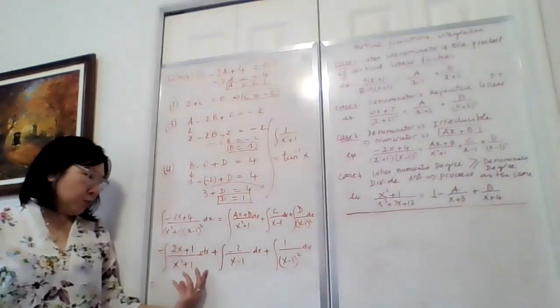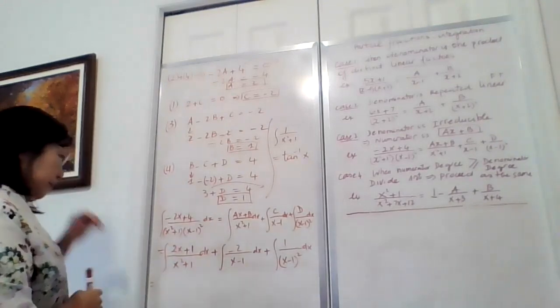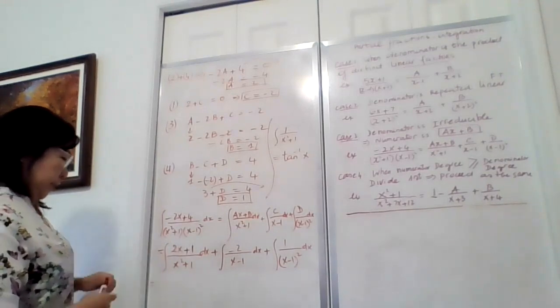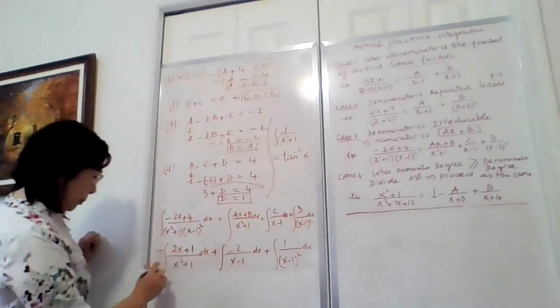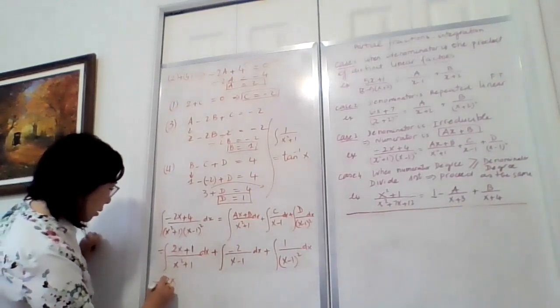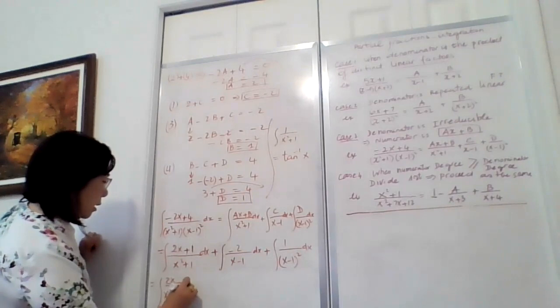Let's see what we can do about this expression. I think for the first fraction, I'm going to split it into two of them. So I'm going to say this will become 2x divided by x squared plus 1, dx.